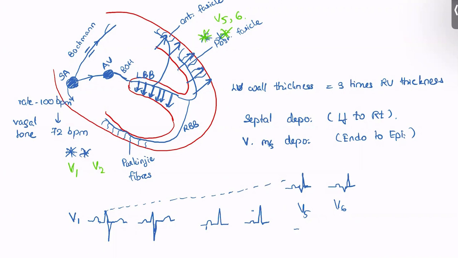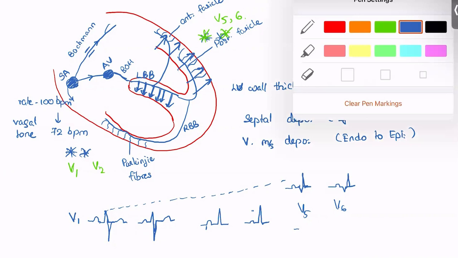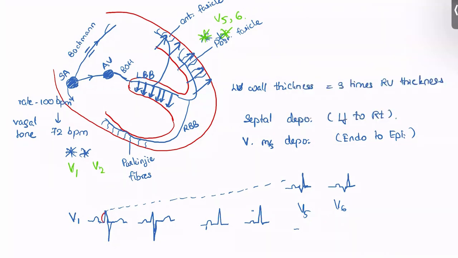The first part of the QRS denotes septal depolarization, and the second part is ventricular depolarization. Since the left ventricle is bigger than the right, the net effect is towards V5 and V6. That's why there is a main negative deflection in V1 and V2, and a main positive deflection in V5 and V6.